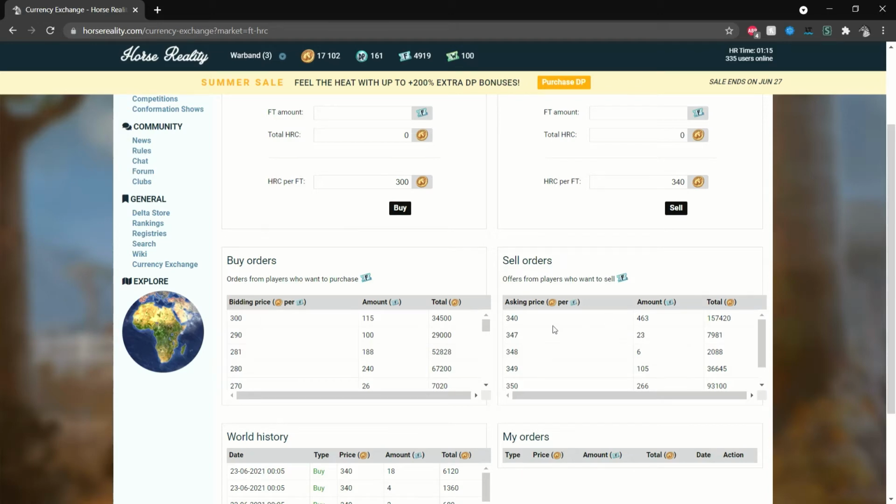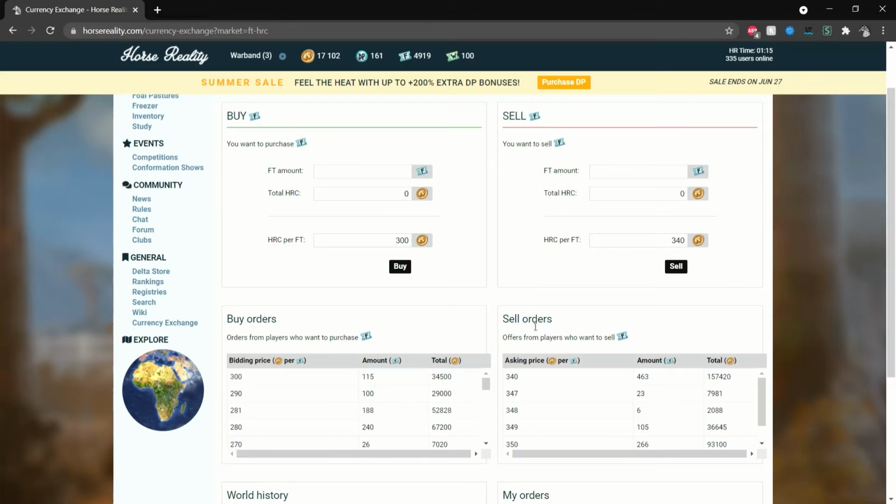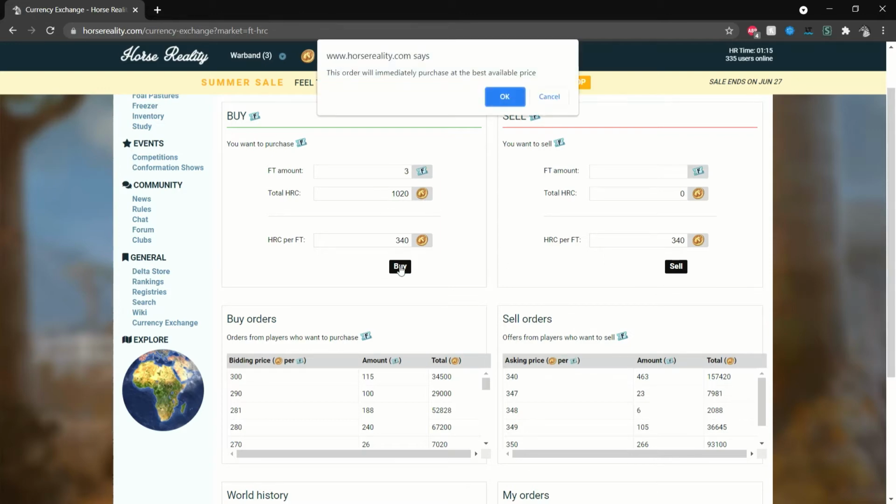So to give you an idea of what that is, if I wanted to buy this right now, I would have to pay $340 per FT. And since it would be easy to show a 3, I'm going to buy exactly 3, which is going to cost me 1,200. We're going to buy it.